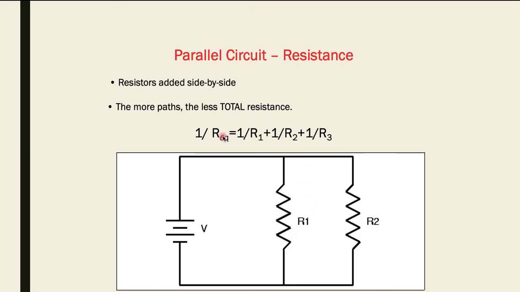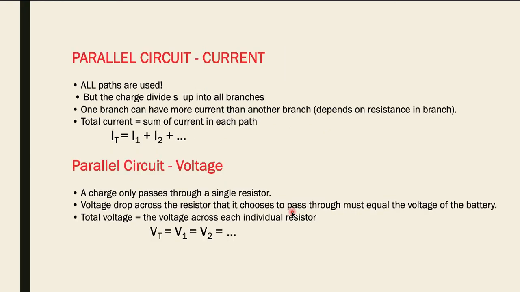Parallel circuit resistance: resistors are added side by side, parallel to each other. The more parts, the less the total resistance. If the number of parts increases, the resistance decreases. Parallel circuit current: all parts are used, but the charges divide into all the branches.